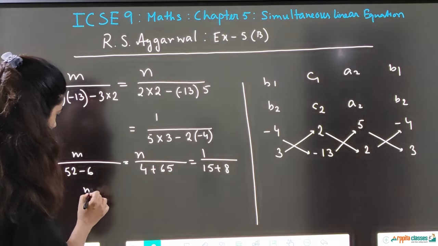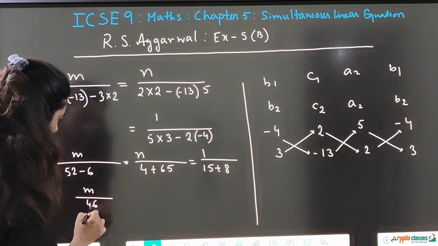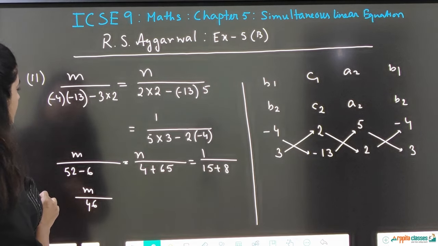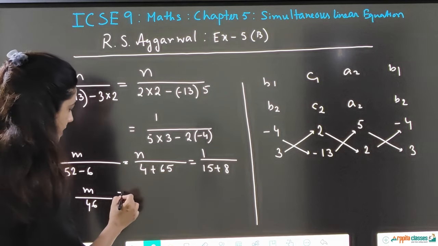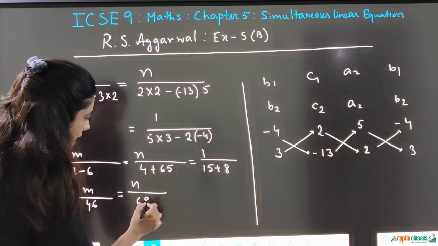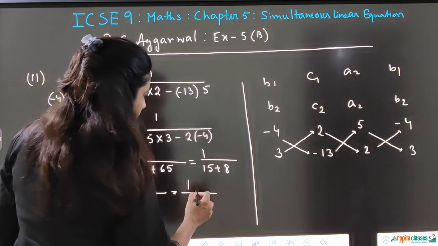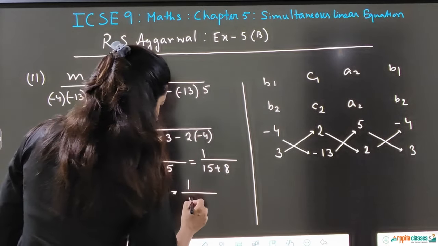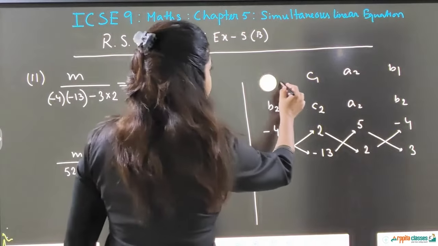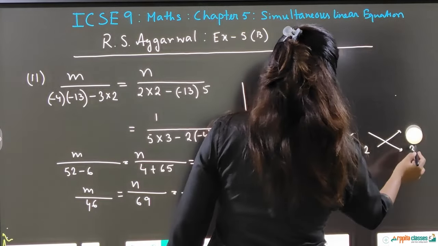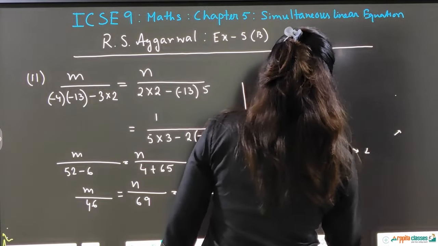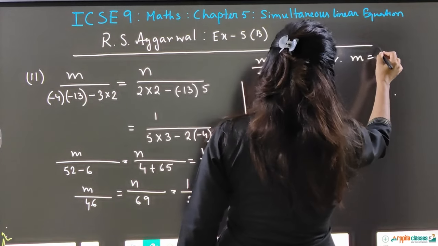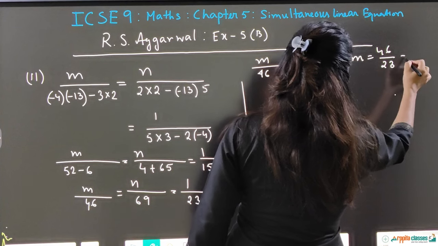So here m upon, this will be 46, n upon 69, is equal to 1 upon 23. Now we'll make m upon 46 is equal to 1 upon 23. So from here m is equal to 46 upon 23, that is 2.